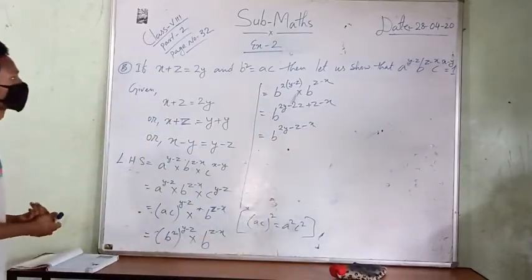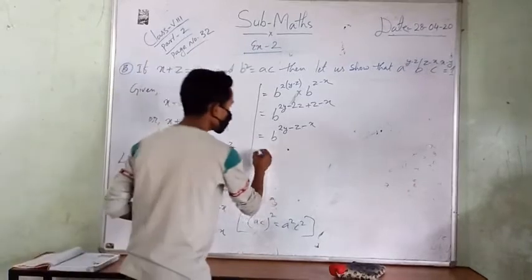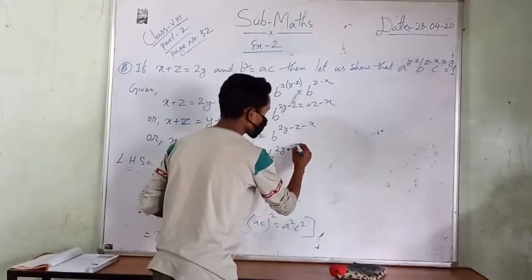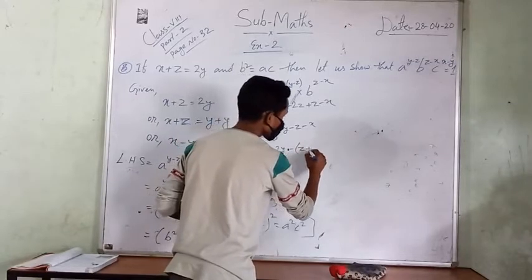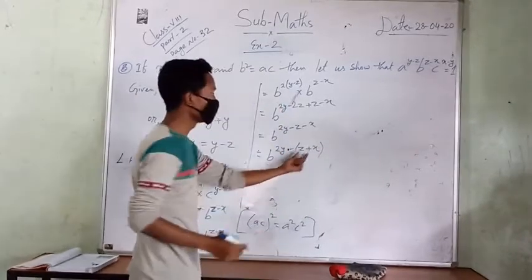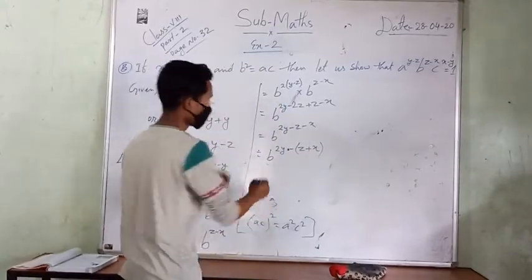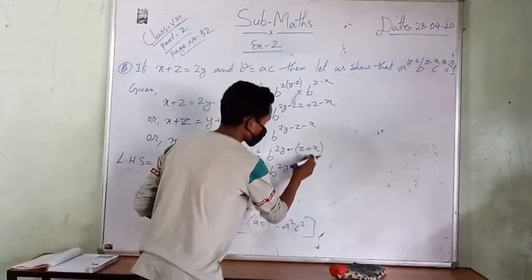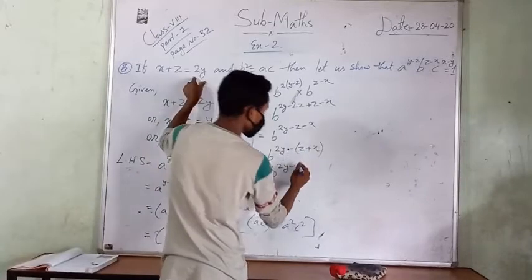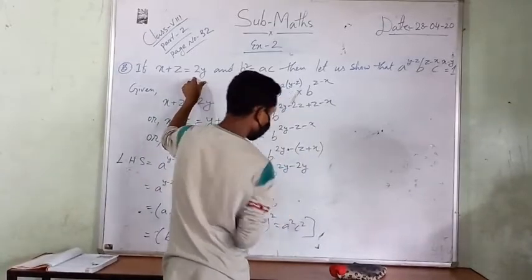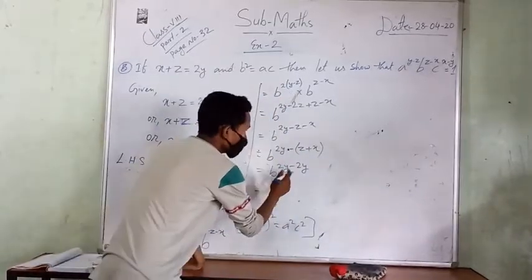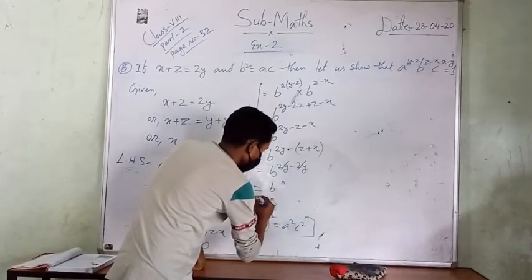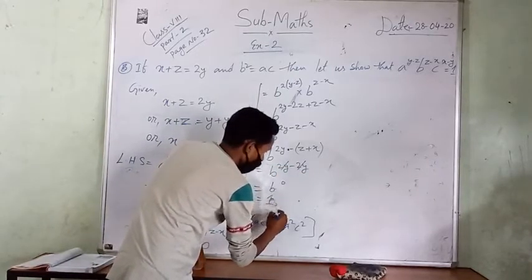Then b to the power 2y minus, it will become 1, then z plus x. Then the value of z plus x is 2y. Then b to the power 2y minus 2y cancel. Then b to the power 0. B to the power 0 means 1.